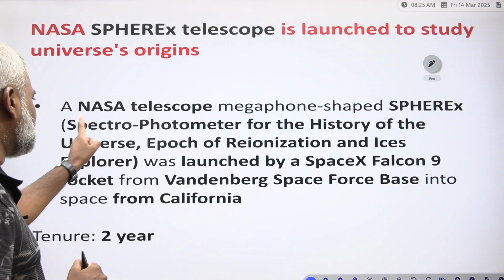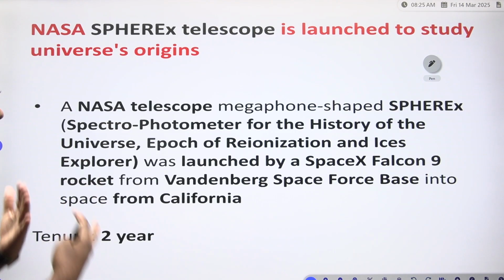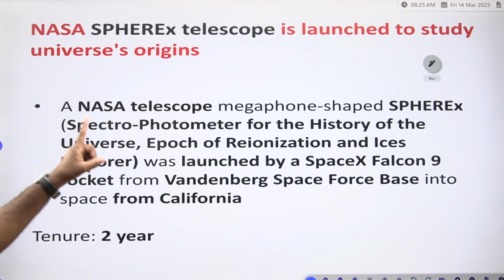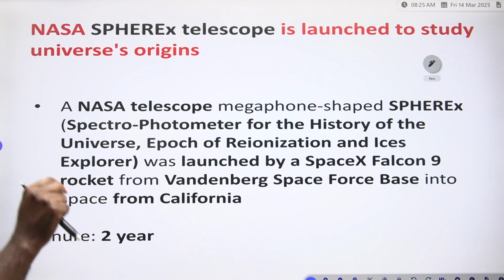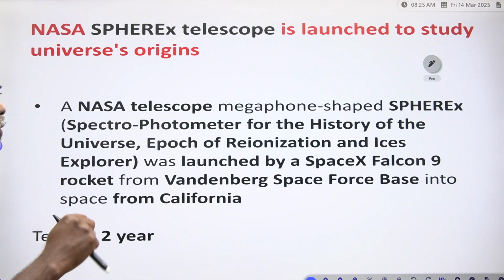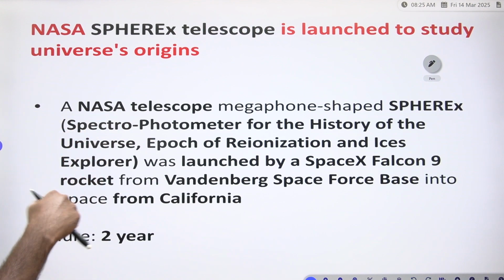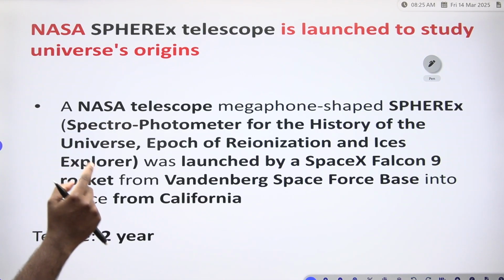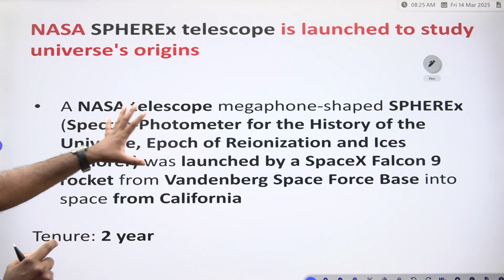SPHEREx means Spectro-Photometer for the History of the Universe, Epoch of Reionization and Ices Explorer. Once again, you have to see what the abbreviation of SPHEREx means. Spectro-Photometer for the History of the Universe, Epoch of Reionization, and Ices Explorer. We call it the Ices Explorer. That is the telescope name.